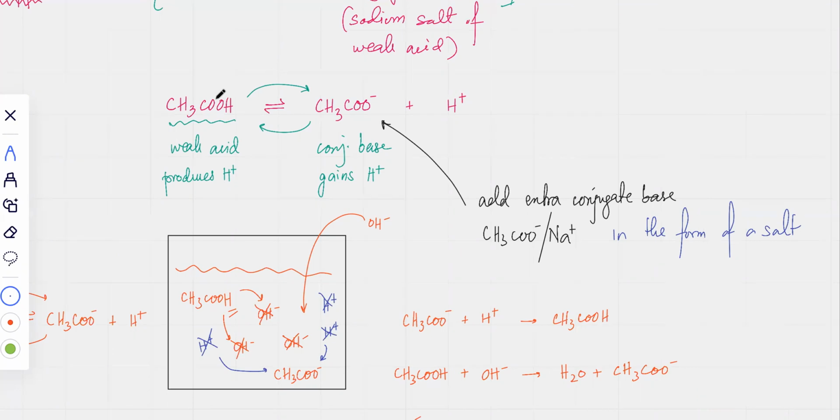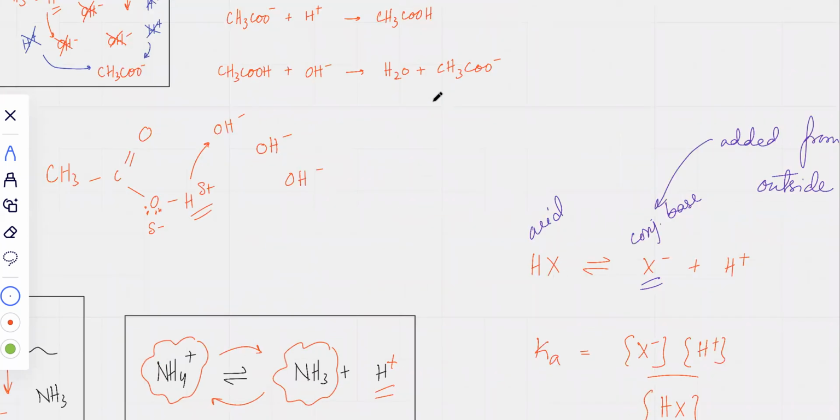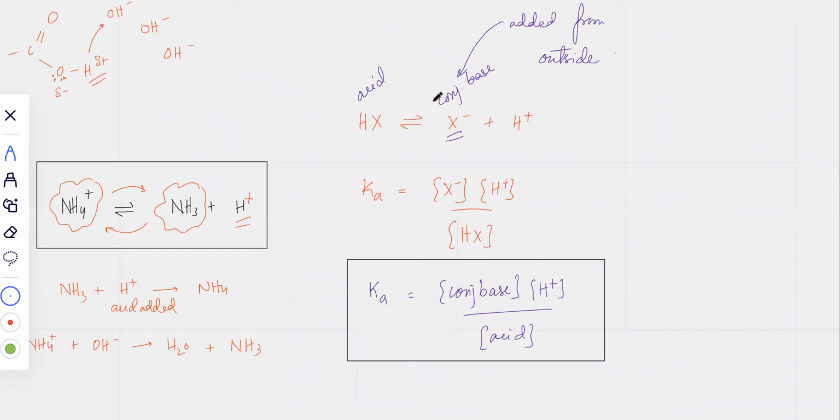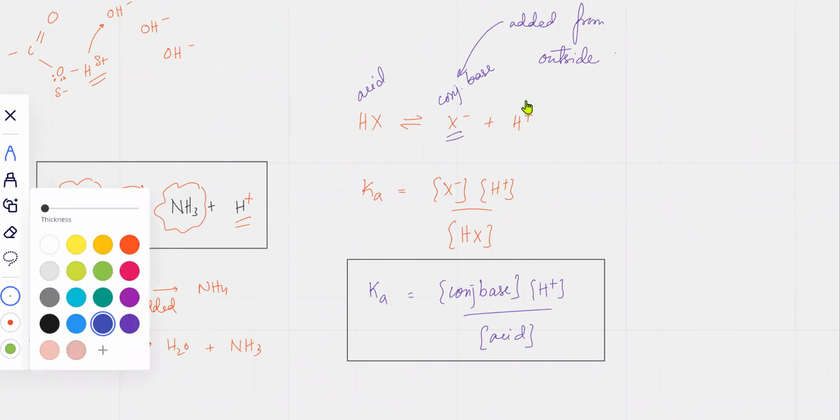You add this and you add this. But since it's the same acid dissociation equation, you can have the same dissociation constant, Ka, except for one difference: when you write this expression, you can't write it as [H+] squared, because the concentrations of these two ions are not the same.